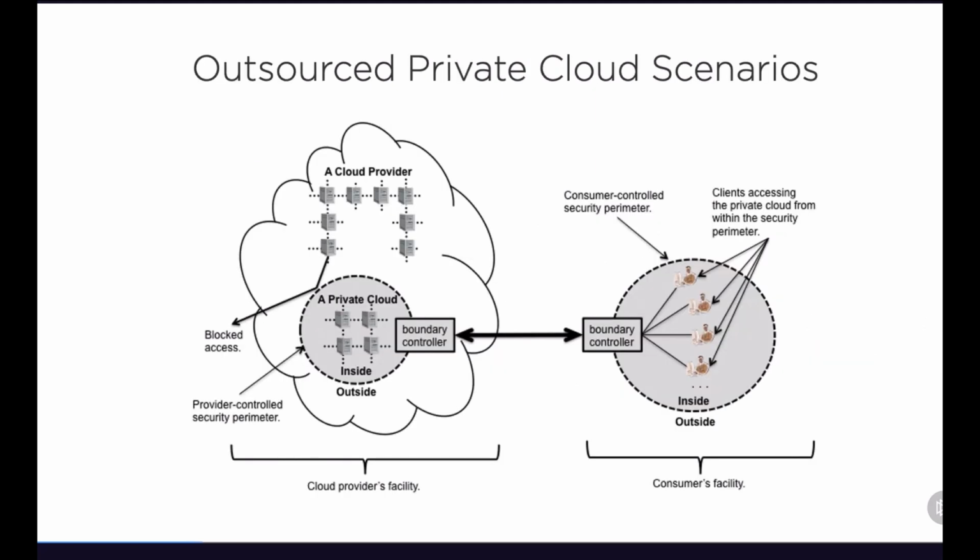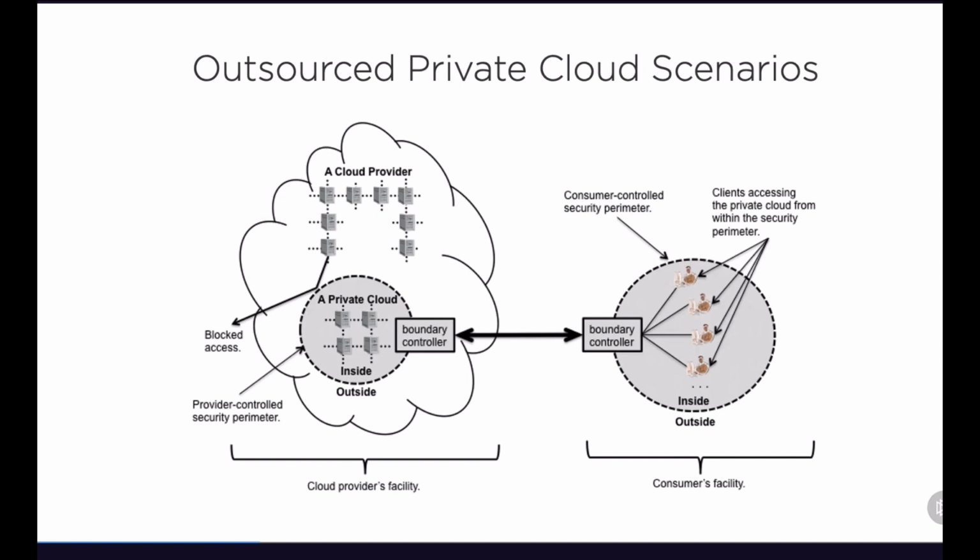When we look at an outsourced private cloud scenario, for example, we can see on the right-hand column here the customer's facility, where they have their own users and within their trusted computing base, their security perimeter, and they manage things within there, like the endpoints and user access levels.